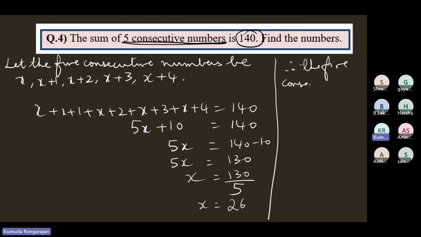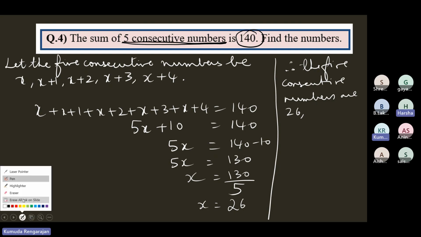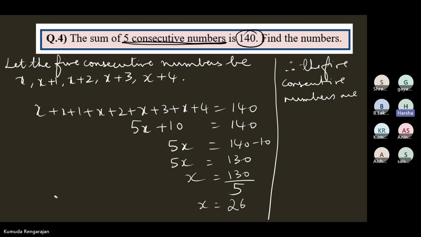Therefore, the 5 consecutive numbers are, yes, Harsha? x, which is 26, x plus 1, which is 26 plus 1, 27, correct?